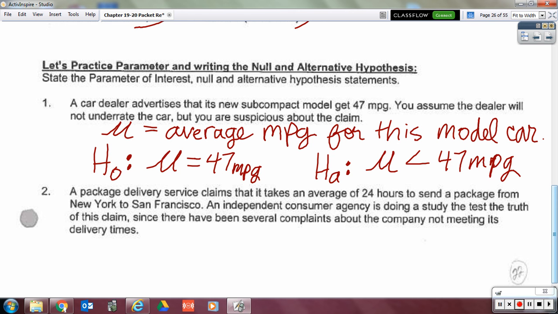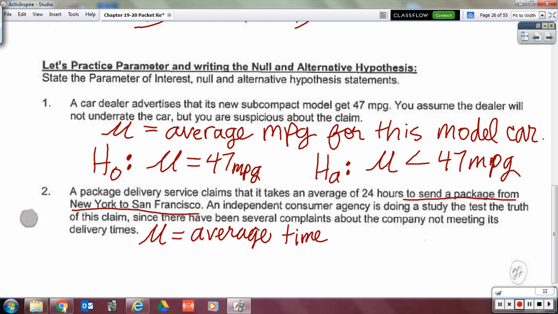So first start with the parameter. Is this a mean or a proportion? This is a mean problem, so the letter I write is mu equals average time. What is this? Average time to send the package from New York to San Francisco.